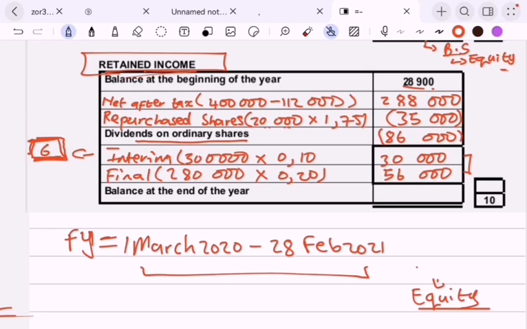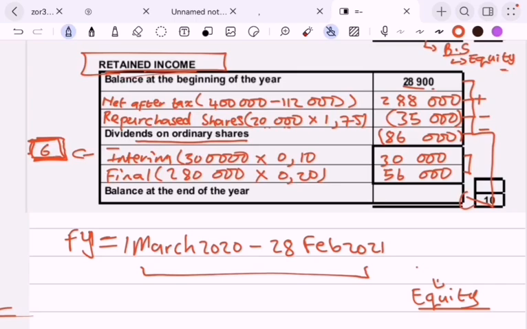And then, as you obviously know, we're going to say your balance at the beginning, you add your net profit after tax, you minus your repurchase shares, you minus your dividends on ordinary shares. Then you will get your balance at the end. So on this one, it's a plus. This one, it's a minus. Then a minus. Then you get your equals.